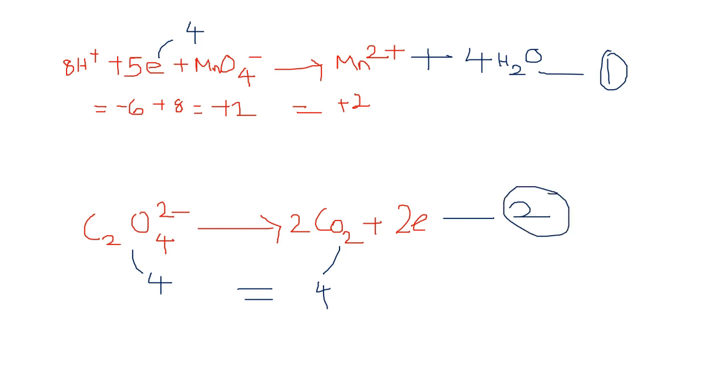So, as per above rules, we multiply the first equation by 2 and we add it with the second equation, which is multiplied by 5. As a result of the above addition, the following equation will be obtained.